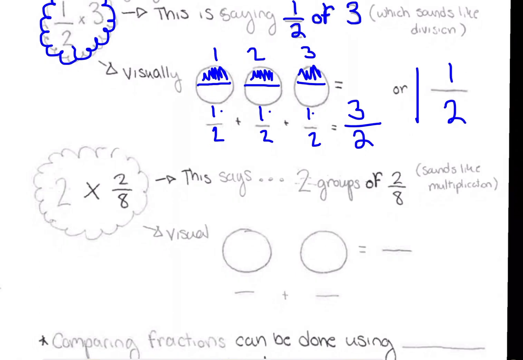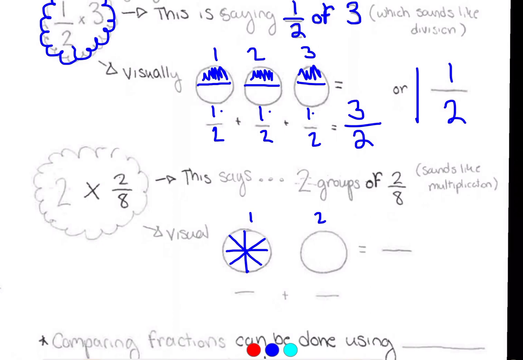Next one, I have not 2 times 2 eighths, I have 2 groups of 2 eighths. So I'm basically saying the same thing, except I have 2 pizzas, 1, 2, and I'm going to take 2 eighths away from each. I'm going to eat 2 eighths of my pizza.